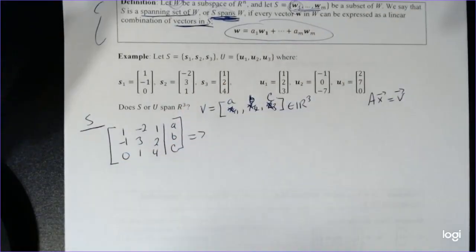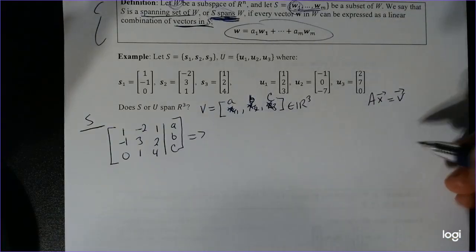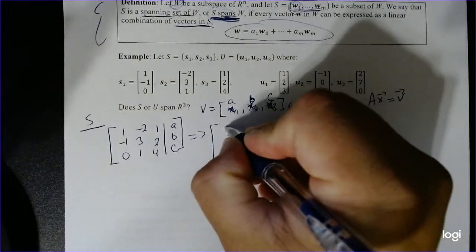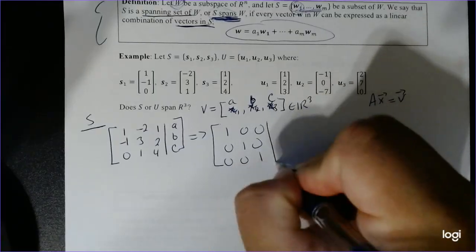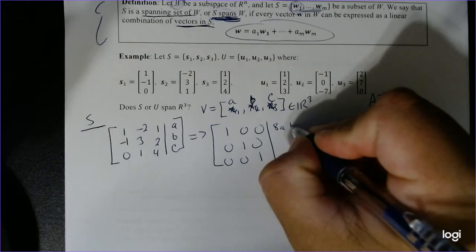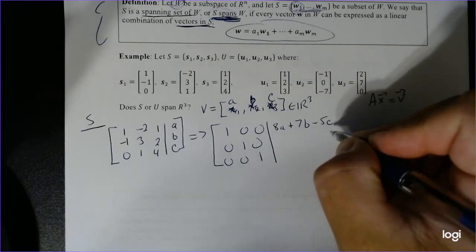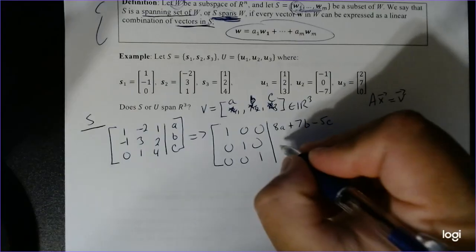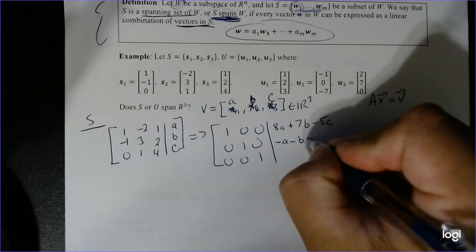And then we just do row reduction to solve for it and see what happens. After breaking this down a little, we get to our identity matrix, where on this side we get these results.